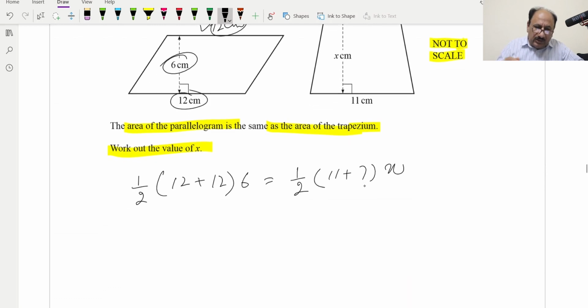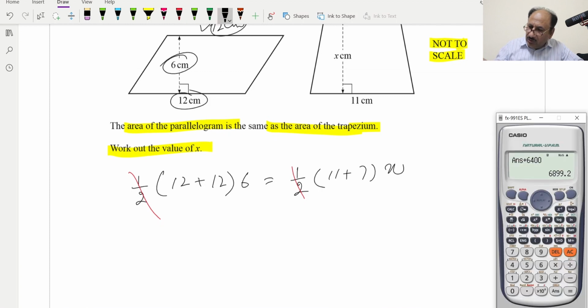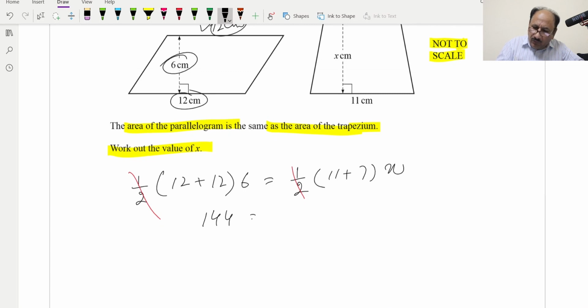So now we can simplify. We can cancel this half with half, and this will be 12 plus 12 will be 24. 24 multiply by 6 will be equal to 144. So 144 is equal to 11 plus 7 is 18, so 18x.